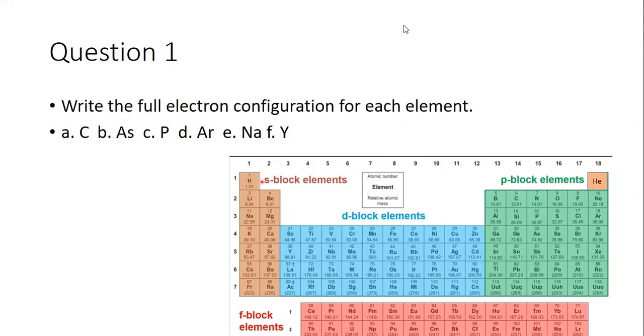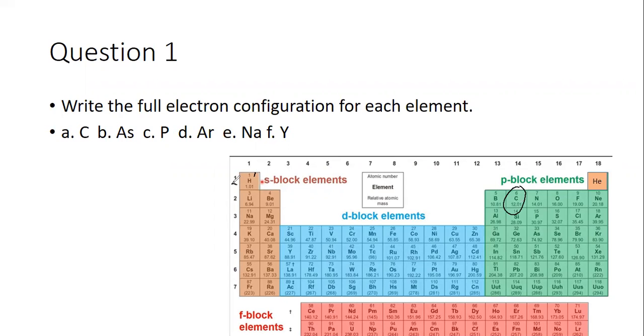So the way to do this: I want to do A. I want to find the electron configuration for carbon. The first thing I do is find carbon on the periodic table, and carbon is element 6. The way to label this electron configuration is that you start all the way with hydrogen over here.